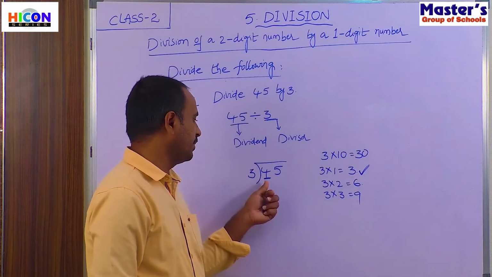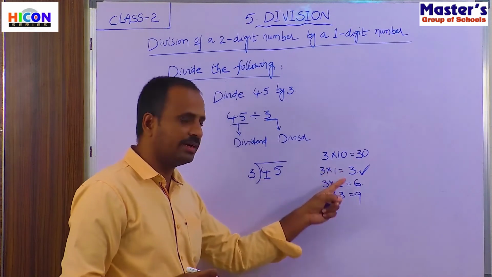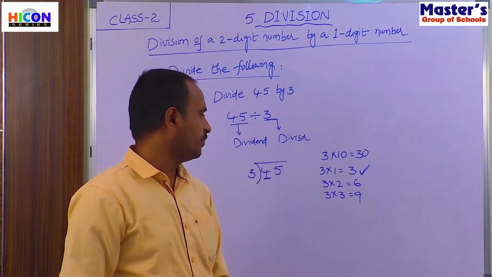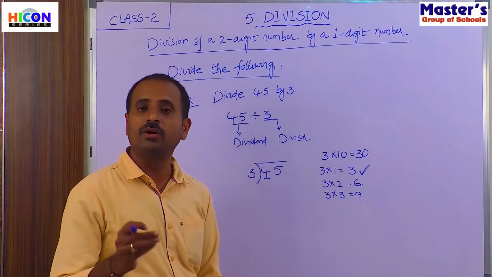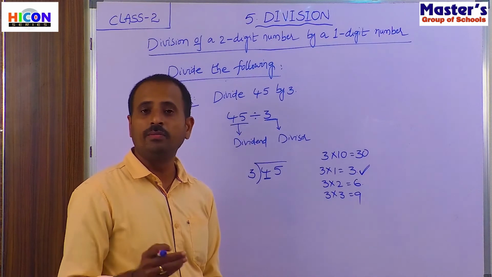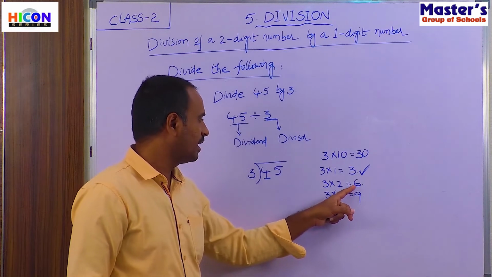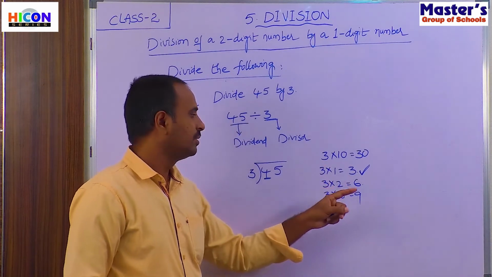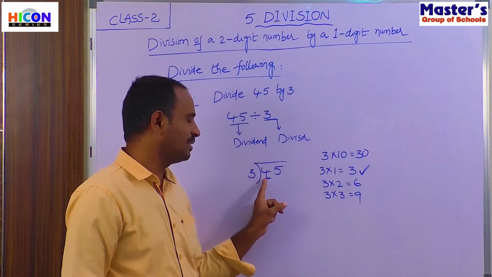So if the given number does not come in the given table, so here 4 does not come in the third table, then how many times do we have to take? We have to take the number less than the given number. So what is the number less than 4?